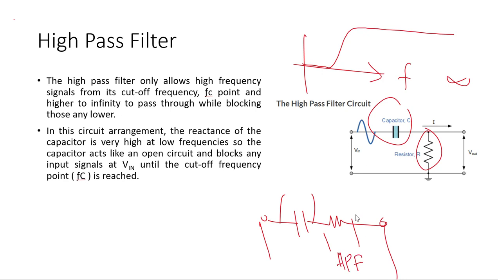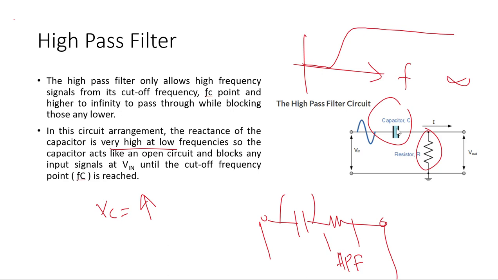In this circuit arrangement, the reactance of the capacitor is very high at low frequency. Xc is higher at low frequency, which means it will not allow the input signal through this capacitance. If we have a DC signal, the capacitor is open for DC, so it will not allow it.